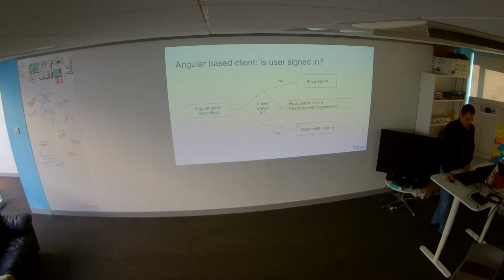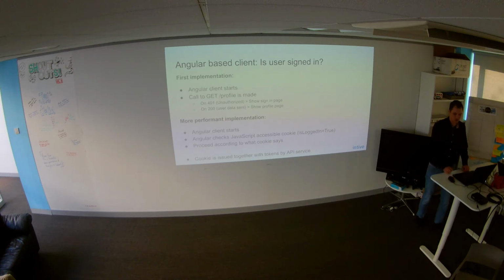And we solved this. The first implementation was that this client starts and makes a call to one of the endpoints. That endpoint would respond either you are not authorized, or provide you the details the application would need anyway. The problem was that most of the entries, or bots, etc., were entering the page, and this call was being made for useless reasons.